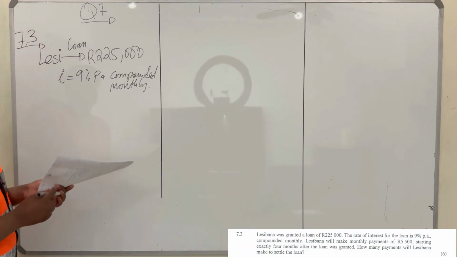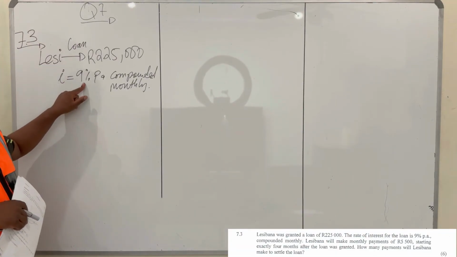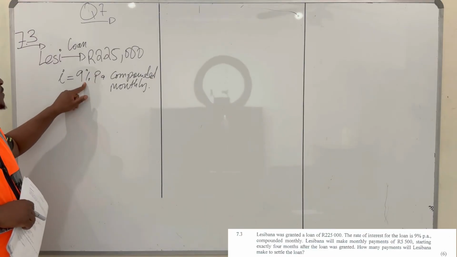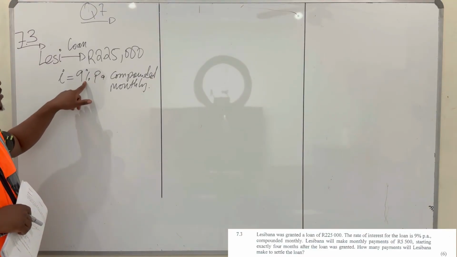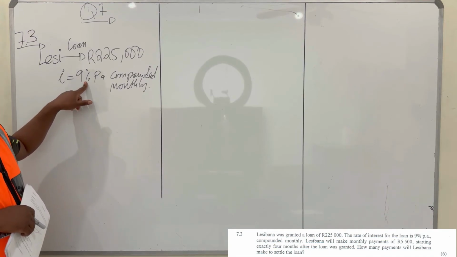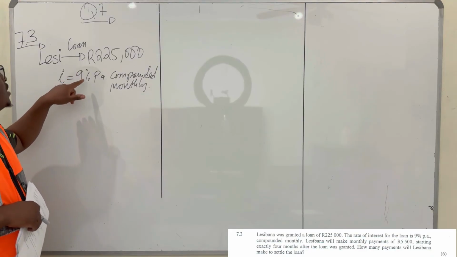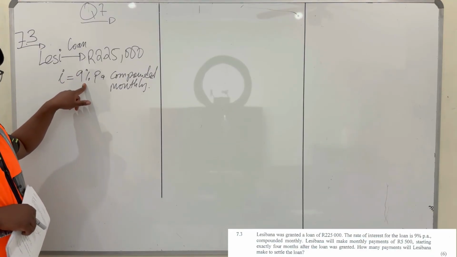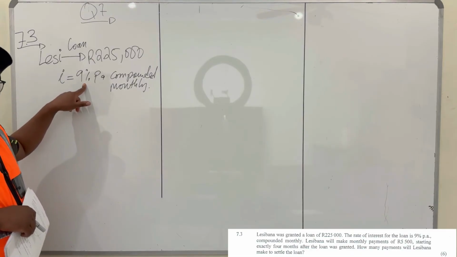So what does this mean? It means that over a year, our friend Leslie will be charged 9% on the loan. Our friend Leslie will be charged a total of 9% on that loan per year.